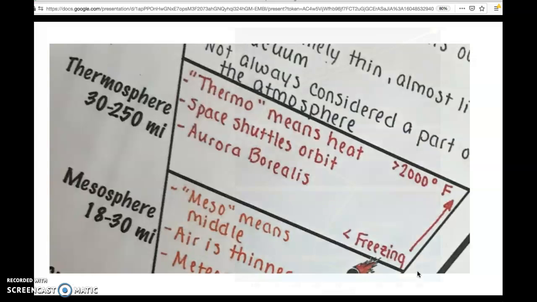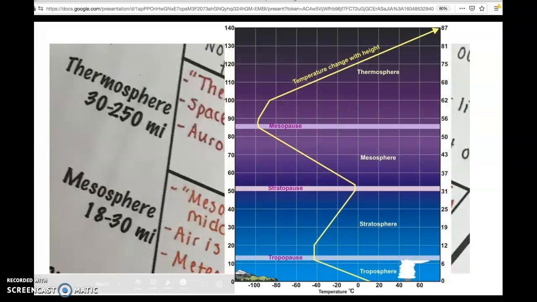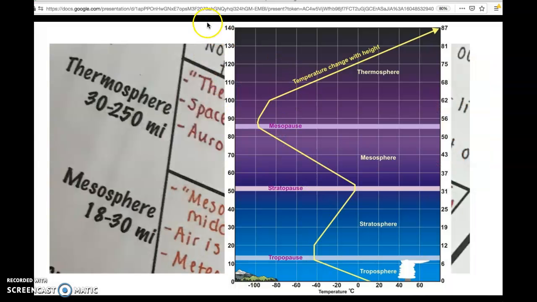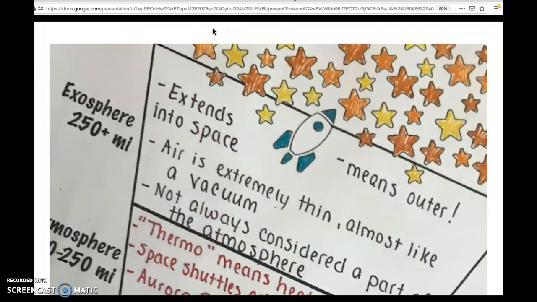And then our last layer we're going to talk about, remember here's our graph again, is the exosphere. The exosphere tags on to this very end of the thermosphere up here. It extends into space. Exo means out, sphere is like round, so out round.